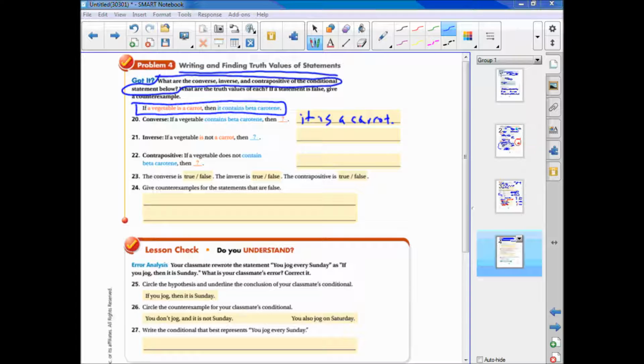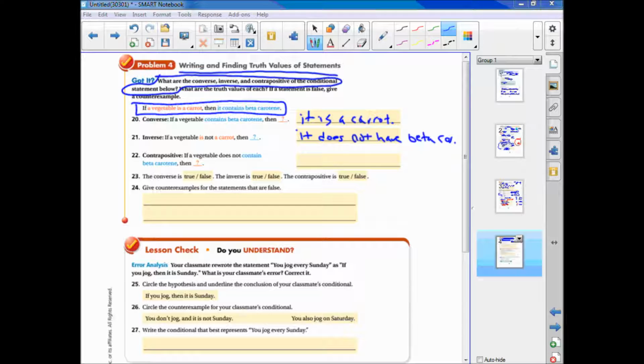So if the vegetable is not a carrot, then it does not have beta carotene in it. Okay? And then the contrapositive changes the positions of hypothesis and conclusion, and it also negates.